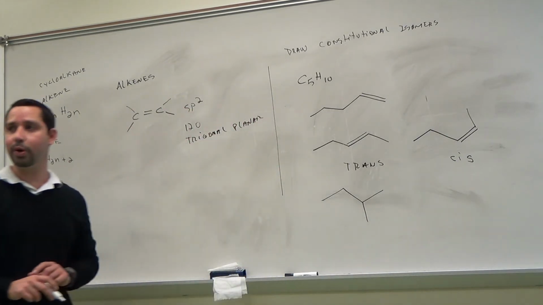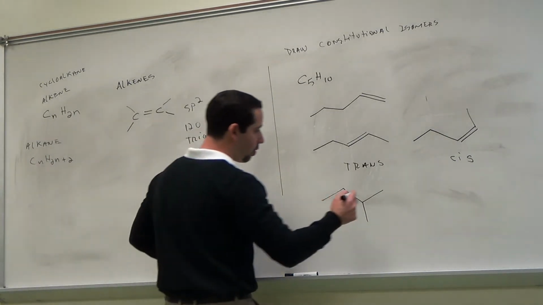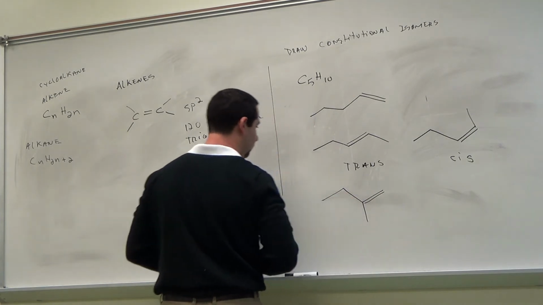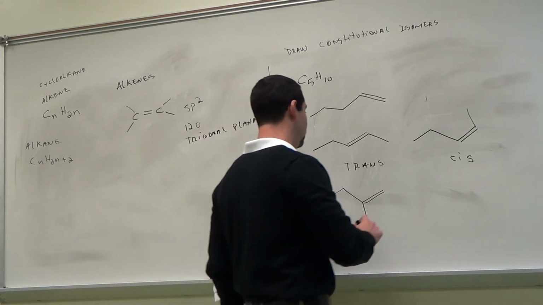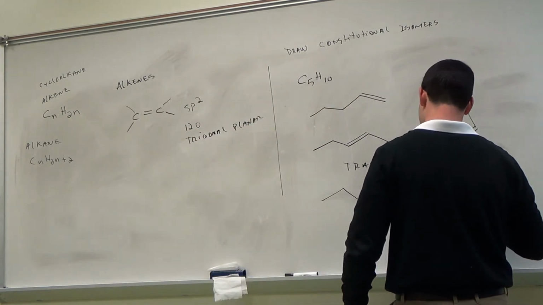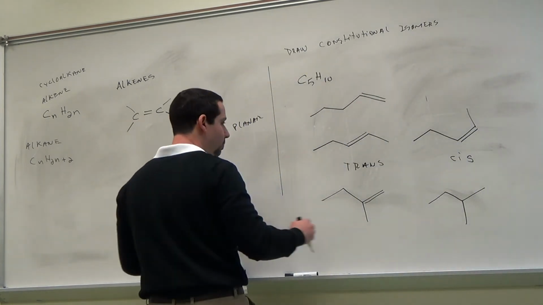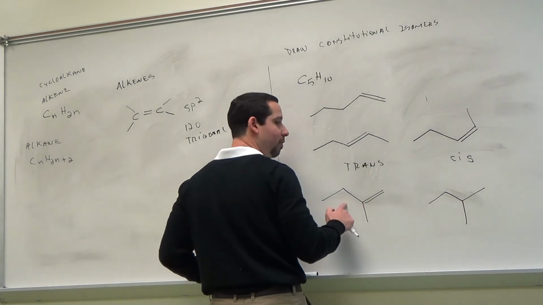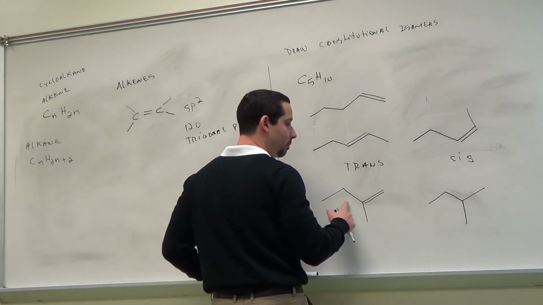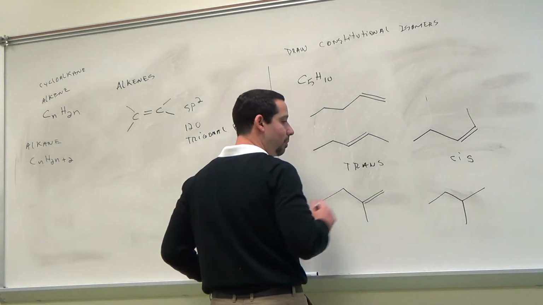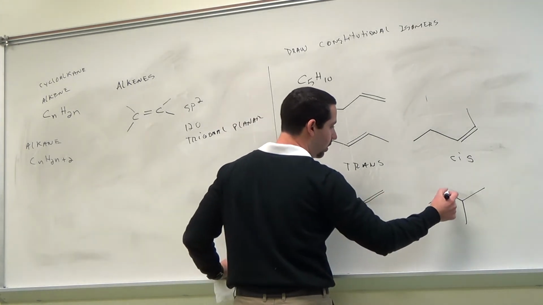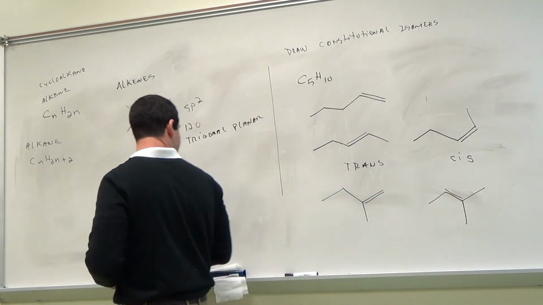I'm going to do this branch, and I'm going to make a double bond somewhere, like here. I'm going to do that again. If I put this double bond down here, is it different from this or is it the same? If I put it down here, it is the same as this, okay? So I can't put it there, I gotta put it there.